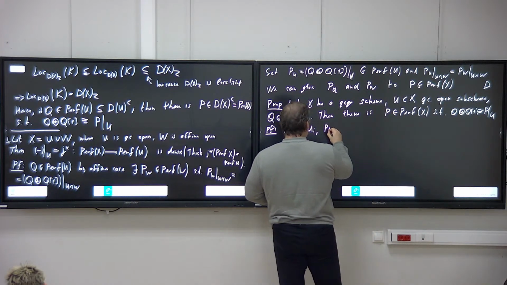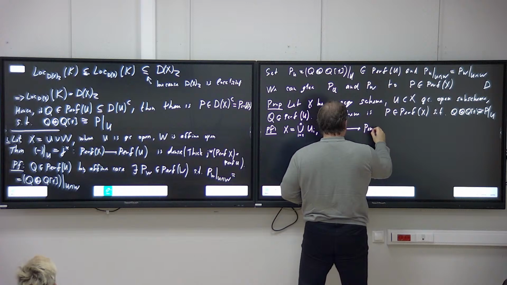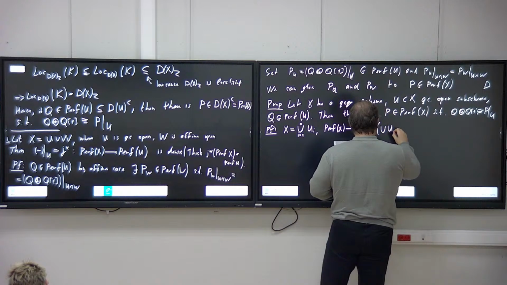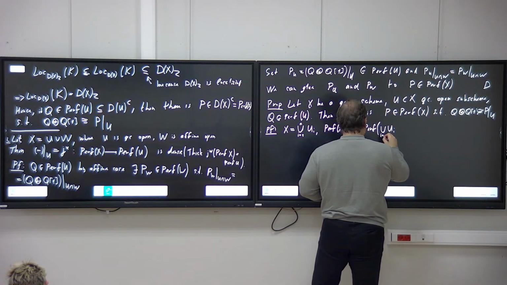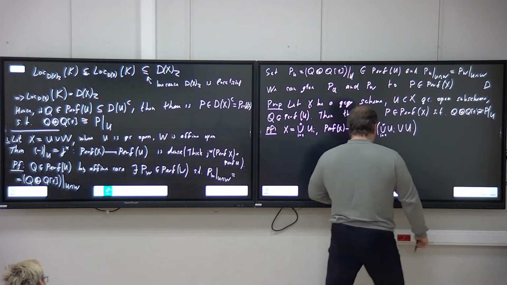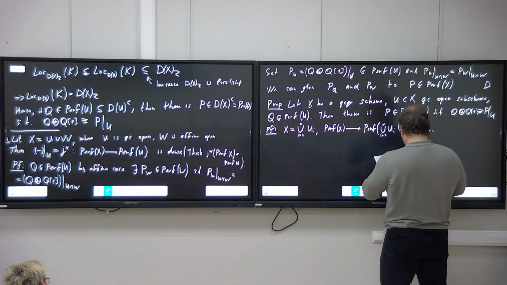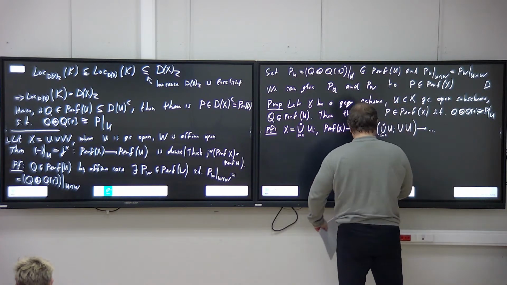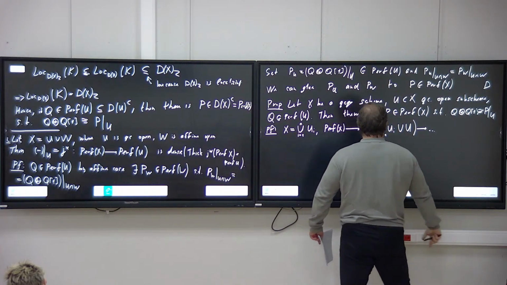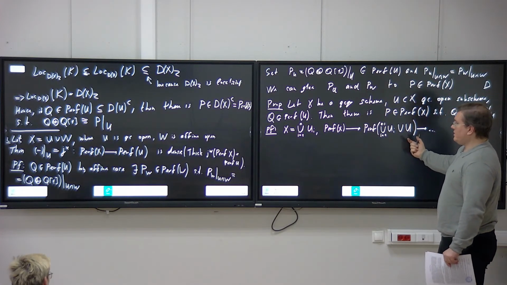From perf of X, I can restrict to perf of the union of the U_i where i runs between 1 and N minus 1, union with the given U, and then I continue doing this. In the first step I dropped U_N, so this is the union of everything except the last one. So X is obtained from this union by just gluing one affine, which is U_N.